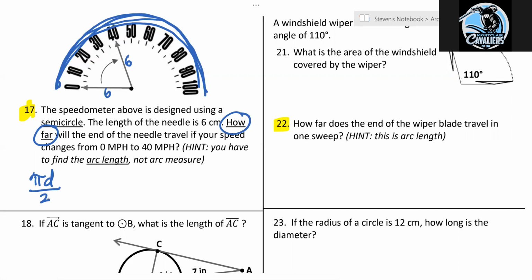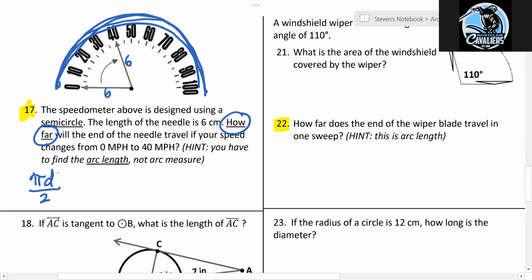So the diameter is what? Put it in the chat. Tell me what the diameter is. Good, 12. Nice job. So the diameter is 12.